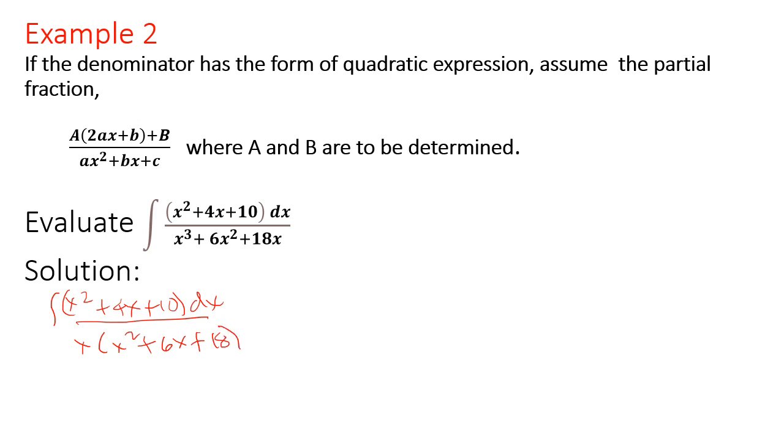So you have this one equals A over x plus B times (2x + 6) over (x^2 + 6x + 18) plus C over (x^2 + 6x + 18).